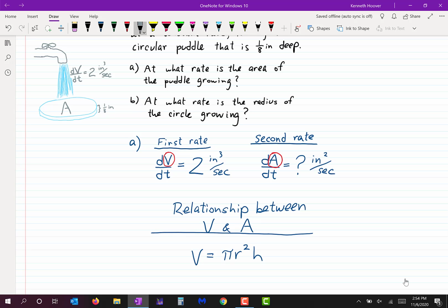Well, remember, what's the area of that circle? Area of a circle is pi r squared, right? Isn't that right here? So don't I have that volume equals the area of the circle times the height? I think I do. I think that's what I have.